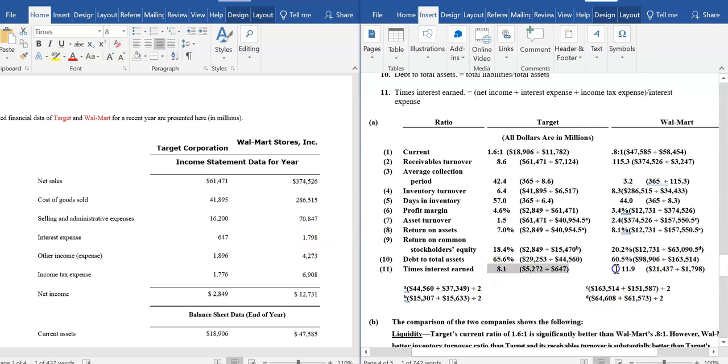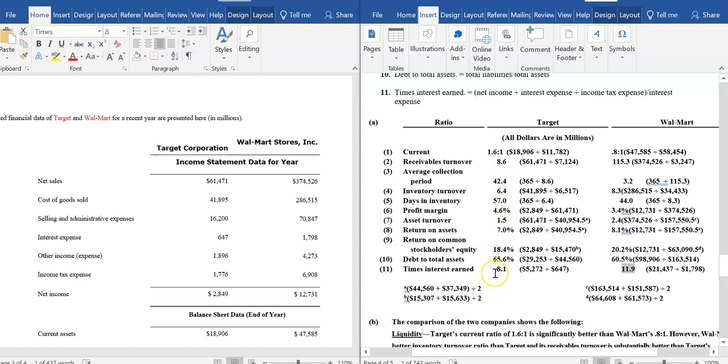Thus, Walmart is earning their interest expense, or their income is covering their interest expense almost 12 times, whereas Target's is only 8. Which tells us that Walmart's a little bit more efficient with their borrowed funds in generating net income.